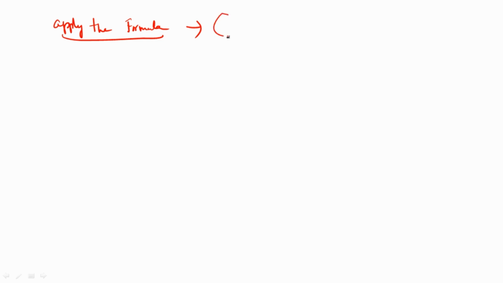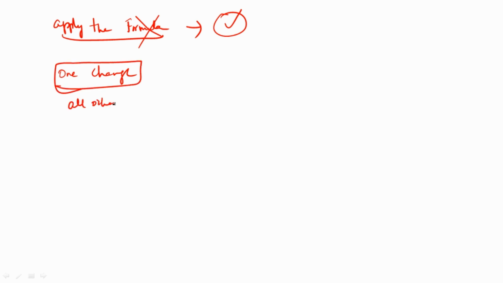Whatever number you get after applying the formula, you should be in a position to use that number. Otherwise, this formula is useless. The same logic has been applied over these formulas in standard costing as well. Therefore, one thing that you need to understand in all these formulas is that there will be only one change, which means only one variable will be changing and all other variables will be constant.